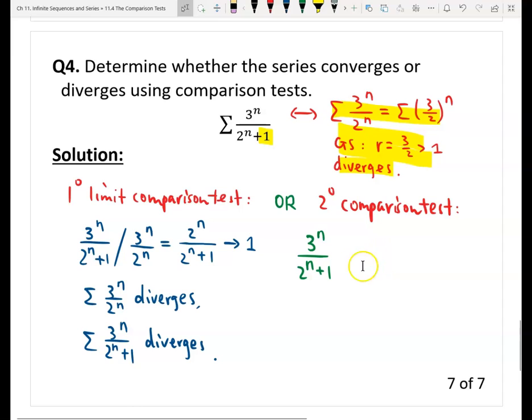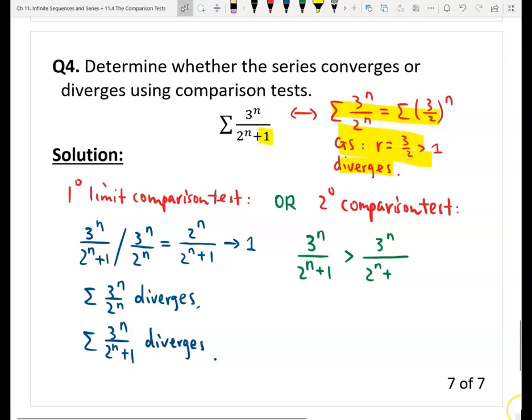The bigger one is divergent, so for the smaller one we don't know. Therefore we need to use another way. Let me show you this time how to compare. We need to get a smaller fraction. How to get a smaller one? By increasing this 1.